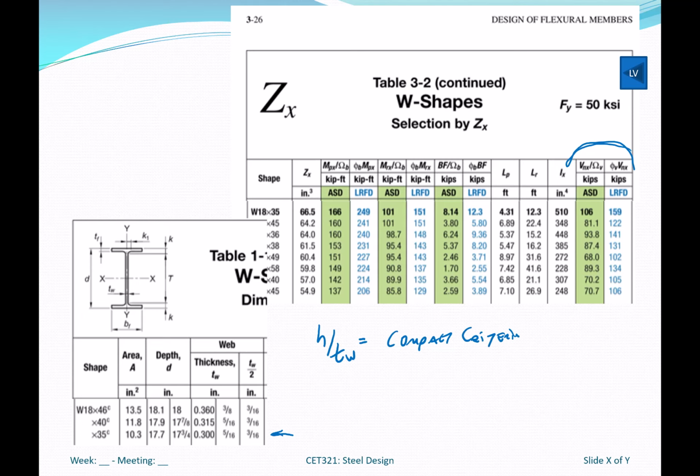That H over TW value is 53.5. Let's look at how that compares, really for FY of 50, against our limit.